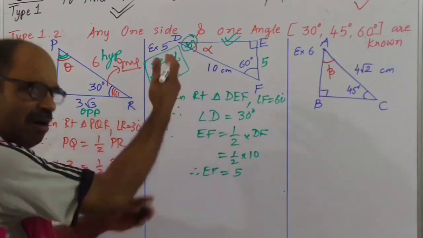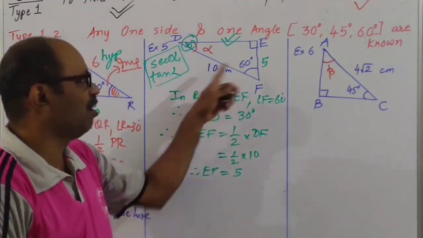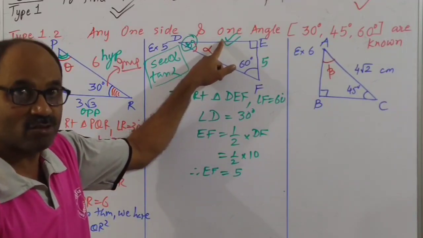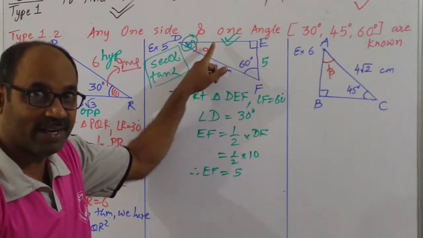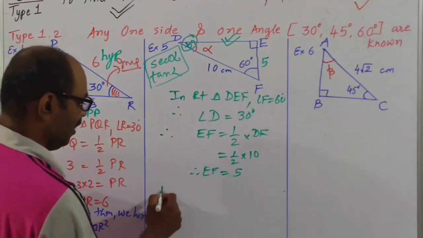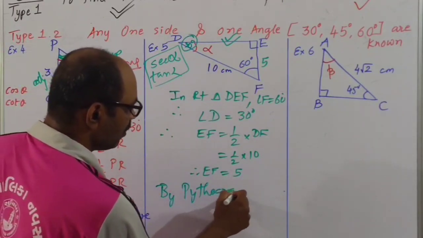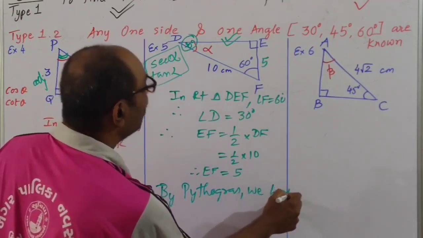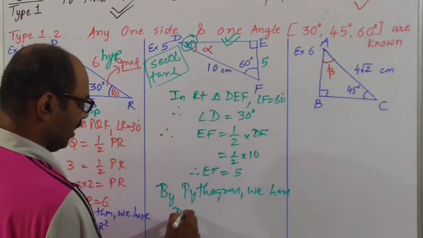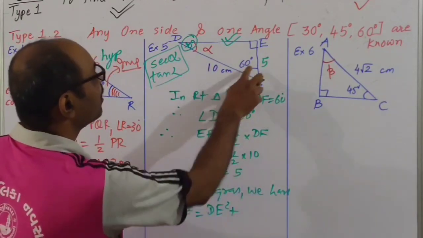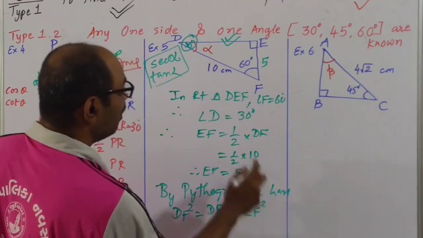Suppose you have to find this, or you can find all 6 if you want, because you know the measures of all 3 sides. By using Pythagoras you will have to find DF. I'm not finding it, or should I? Okay, let's see. By Pythagoras, we have hypotenuse square, that is DF square, is equal to DE square plus EF square.